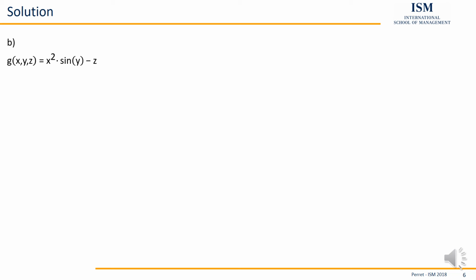Then, regarding y, we only need to consider the sinus y. The derivative here is cosinus y, times x squared, because the x squared in this context is treated like a constant. Again, the minus z derived becomes 0. Taken together, we only have x squared times cosinus of y. Then finally, we have the derivative for z.